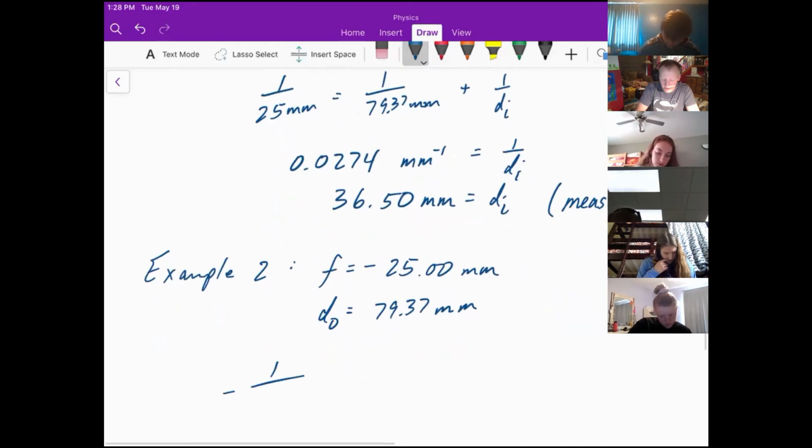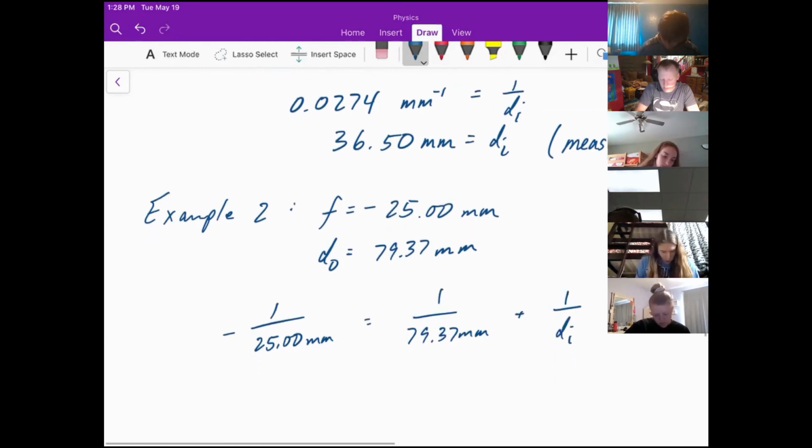So it's -1 over 25 millimeters. I'm going to take -1 over 25 minus 1 divided by 79.37. I get -0.0526 millimeters to the -1, and that's equal to 1 over di.